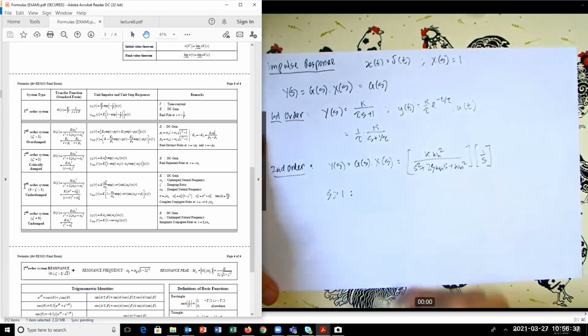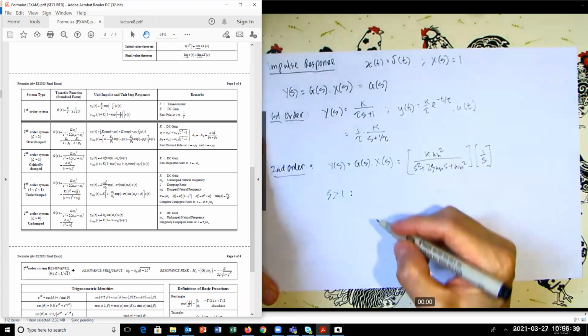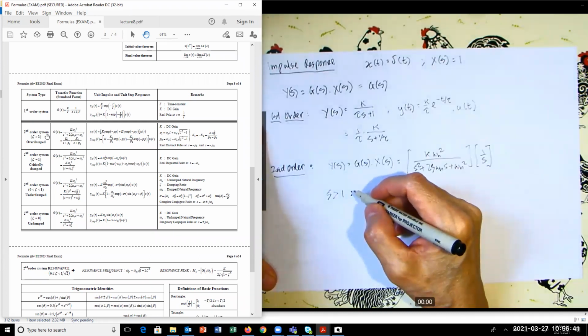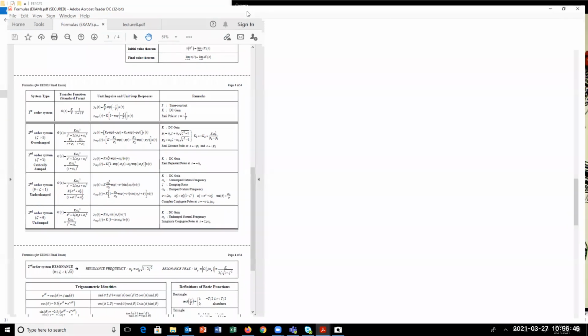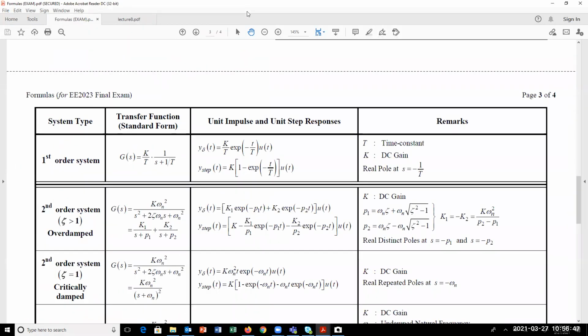Your answer will come up to be the following. It's a bit hard for me to see, let me expand it so that I can see. Okay, so if you do this, your y(t) will come out to be the following.